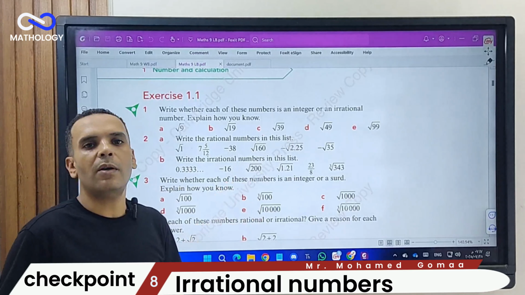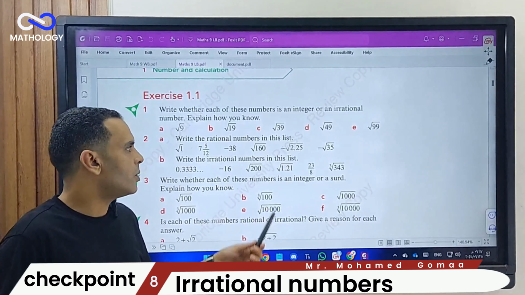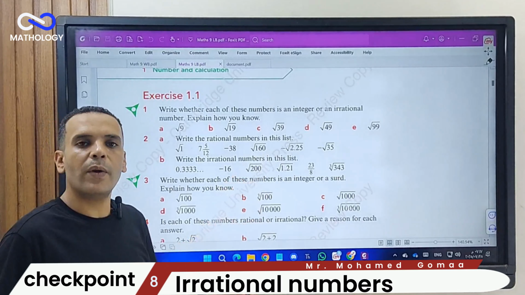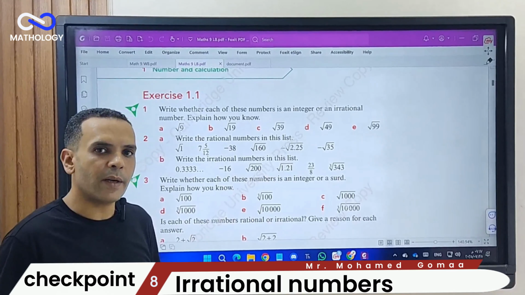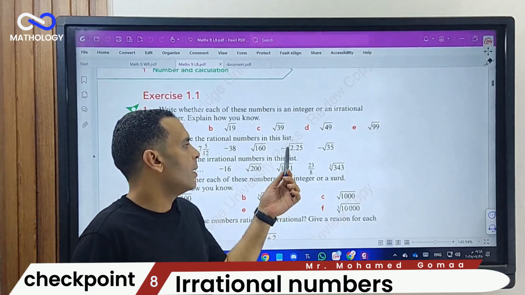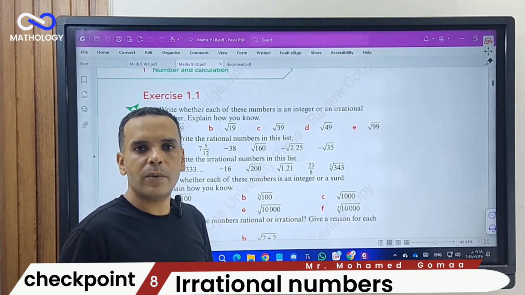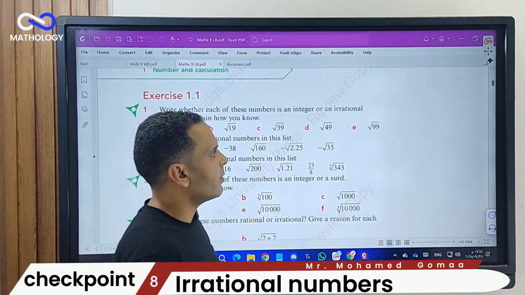The square root of 160. 160 is not a square number. So if you get the square root of a non-square number, it will be irrational. This one: negative square root of 2.25.